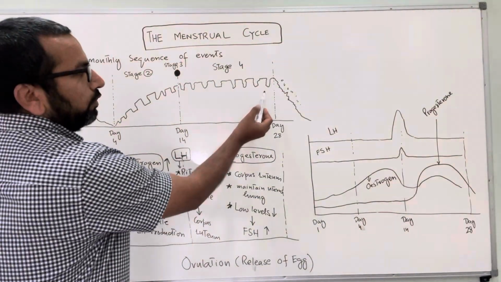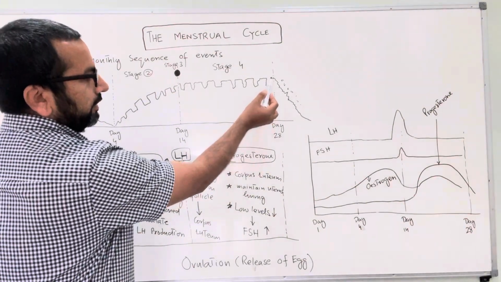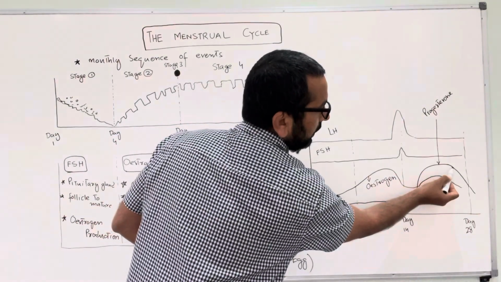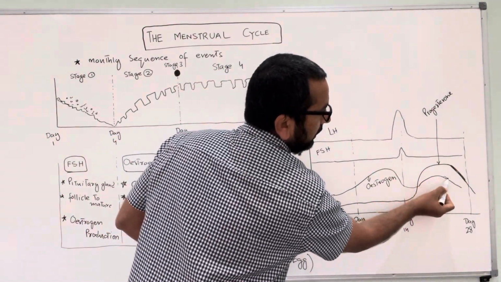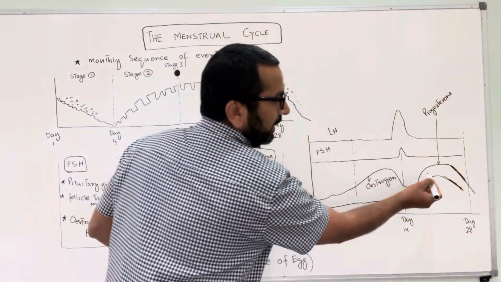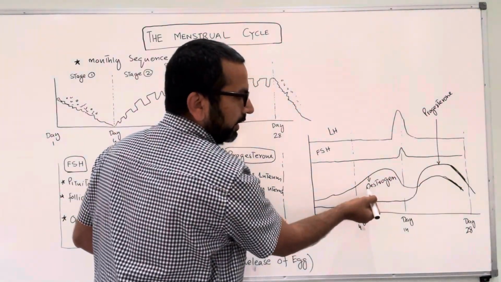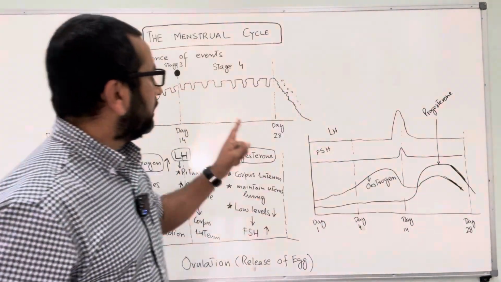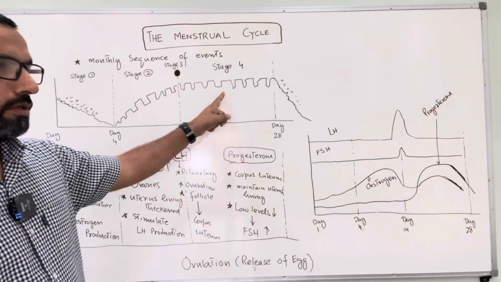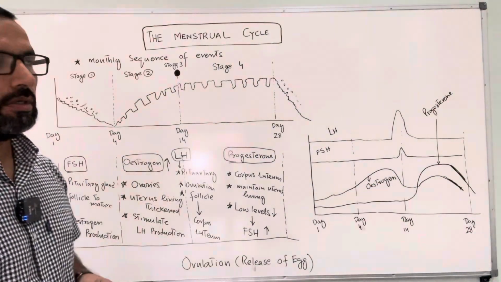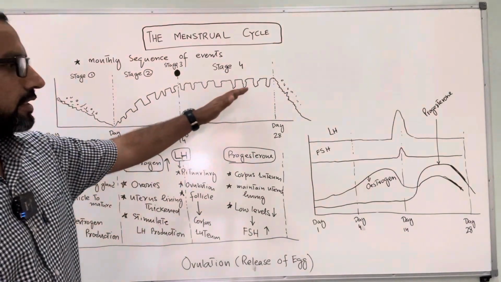Okay, if no fertilization happens, then the levels of progesterone will decrease, because these high levels of progesterone and estrogen were maintaining the uterus lining.